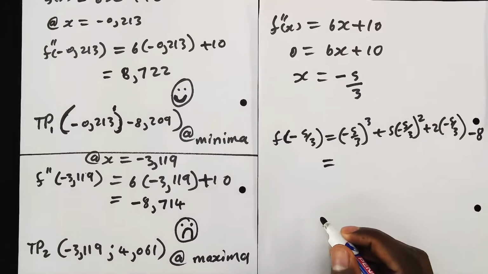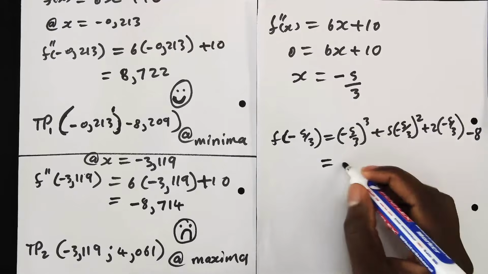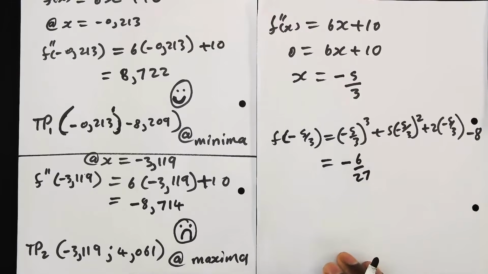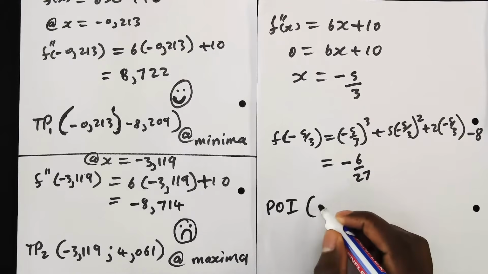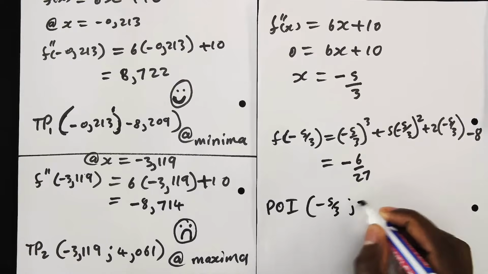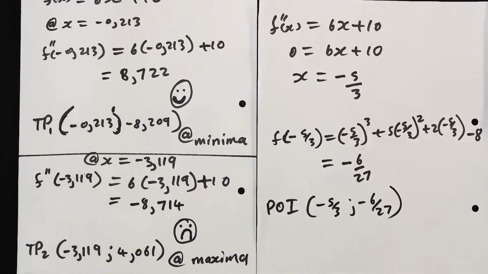So you get negative 6 over 27. Therefore, the point of inflection, POI, is negative 5 over 3, negative 6 over 27. So that is the point of inflection that we're looking for.